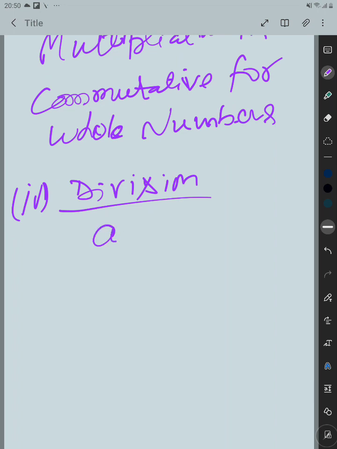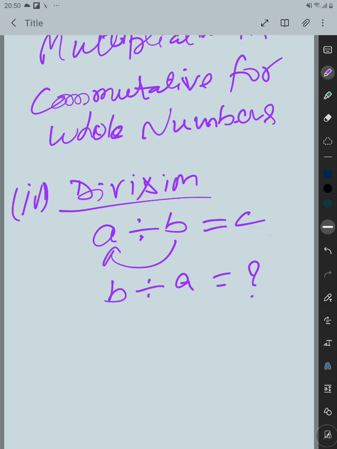Suppose A is a whole number divided by another whole number B, and we get C. If we interchange these, B divided by A, will the result be C or something else? If it is C, then it is commutative. If it is not C, then it's not commutative.